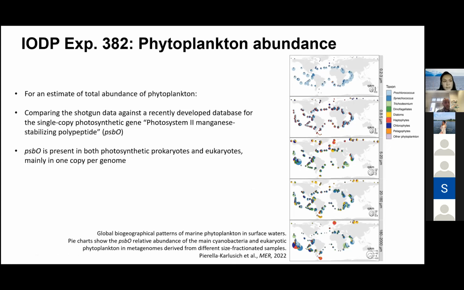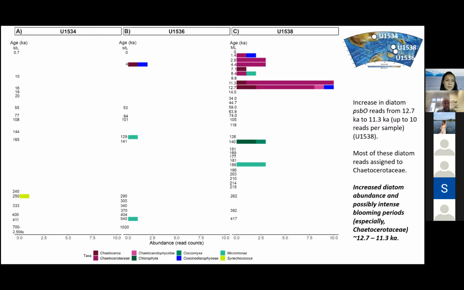So this is really interesting. But because it's only one copy, as opposed to multi-copy genes like the SSU and LSU, we're also finding very, very little of it. This is the same plots, and you can see by the abundance of reads that we're reaching approximately 10 reads for the same time, so it's a bit limited in that sense.